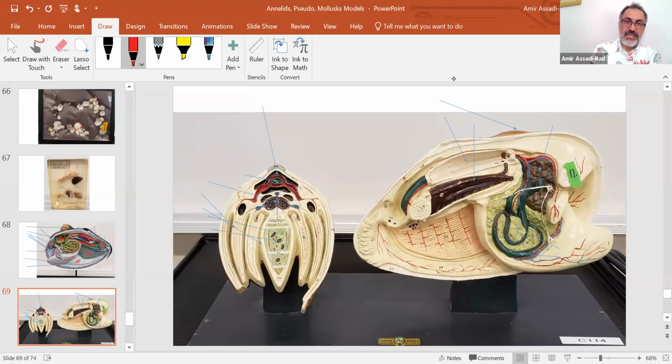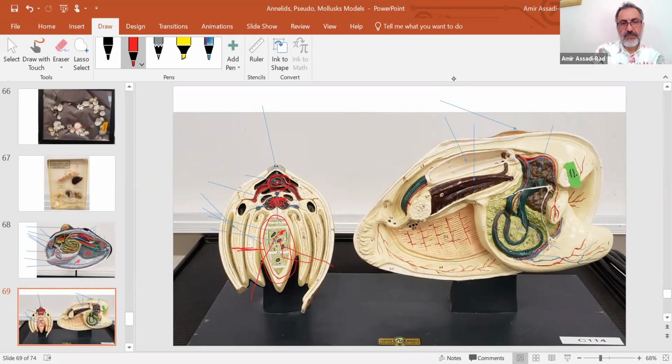Okay, cross section, of course, heart right here, intestine passes through it, kidney, foot right here, and these little darker lines are your intestine, and the lighter ones are gonads.